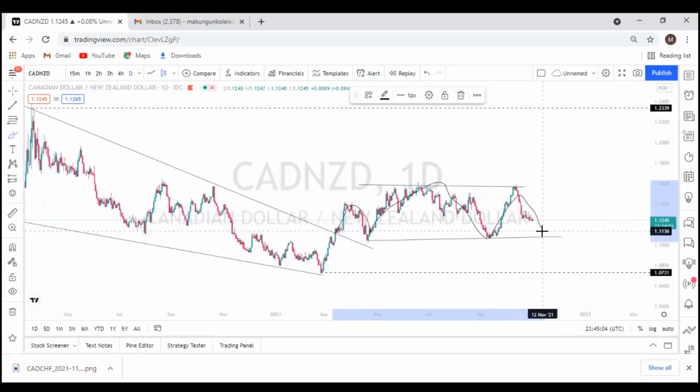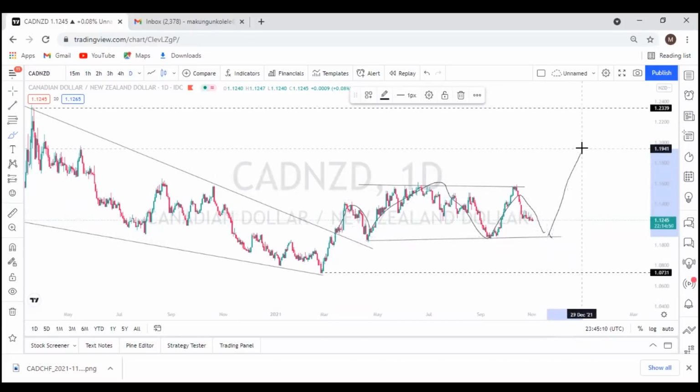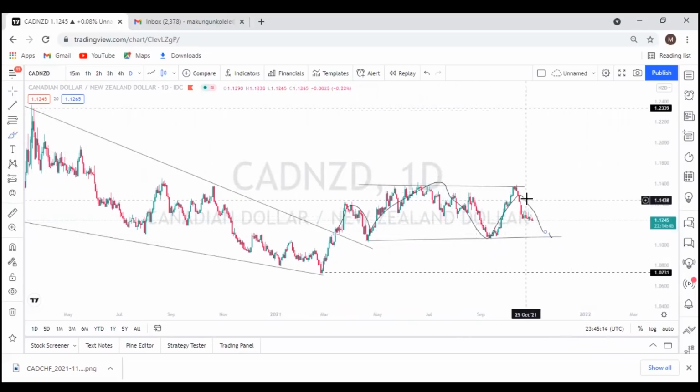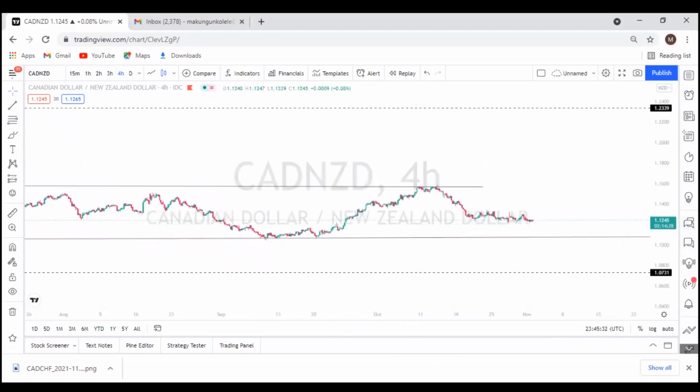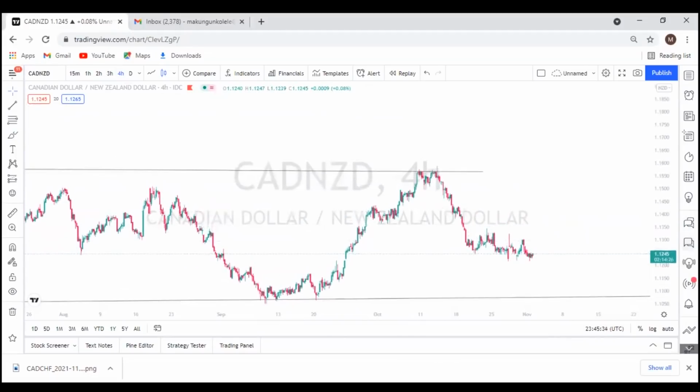This is going to be our third touch, so we're basically waiting for the third touch on our support to go to the upside, just like that. So with that said, we have our direction, which is bearish to this zone here, and that's when we'll be looking for buys. So let's scale it down to the 4-hour time frame and see what we have.